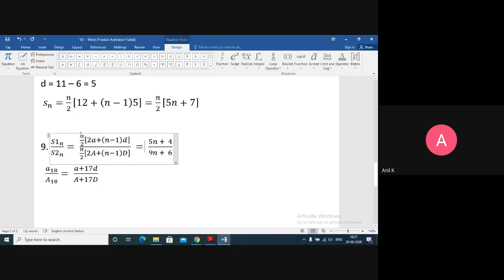Now in both the cases n by 2 will get cancelled. So let me write one more simplest form after cancelling the common terms.